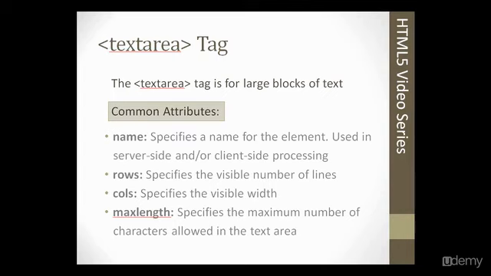Text area is another one, and a text area tag is used for a large block of text. This would be maybe a comments field or a message field on a contact form, which I'll be showing you in the project for this section.